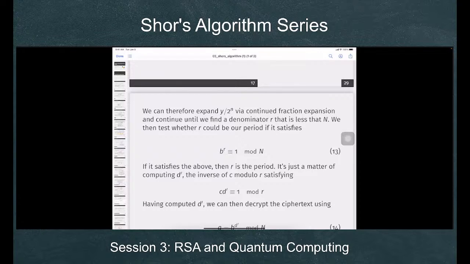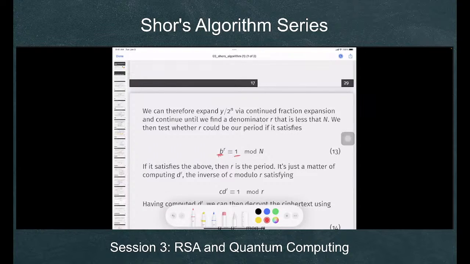Whatever r you get, how do you know that it's a period? You will know it's a period if you take your ciphertext B, raise it to the r, and get the remainder when you divide it by n.